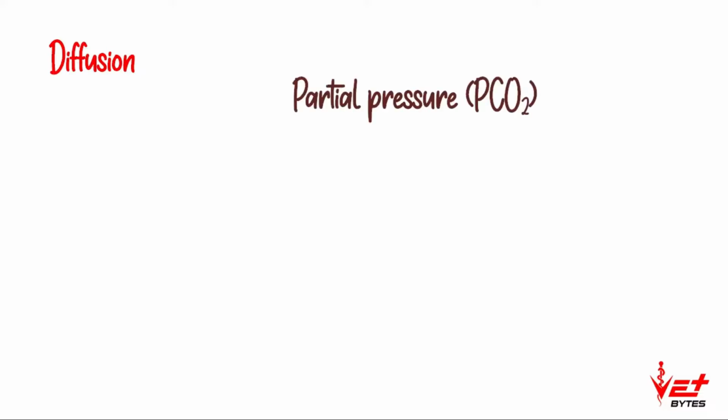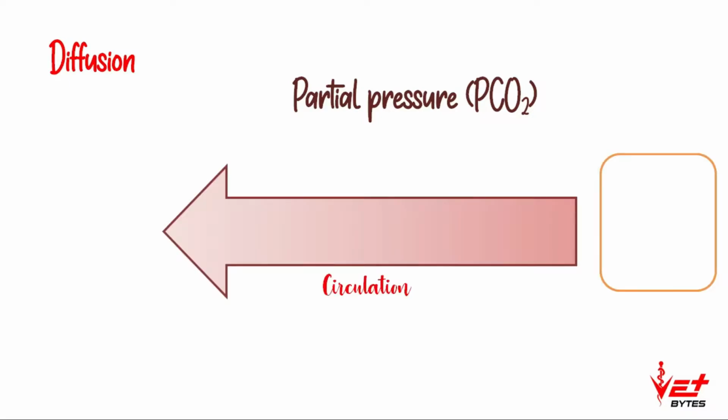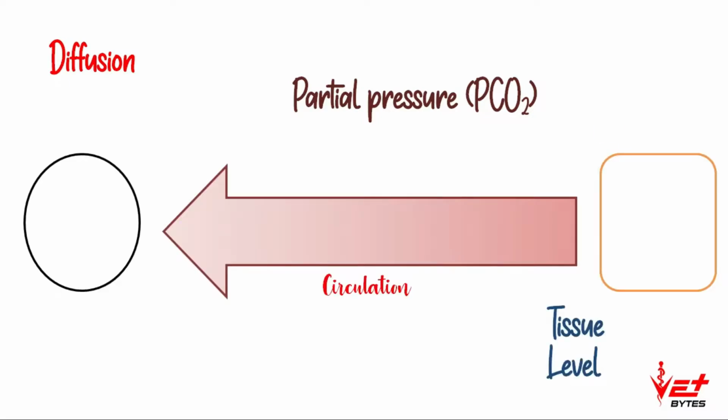Next is the transport of carbon dioxide. The diffusion also takes place due to the partial pressure gradient of carbon dioxide, which is PCO2. At the tissue level, carbon dioxide has a partial pressure of around 45 mm mercury, and the blood vessel reaching the tissues has a partial pressure of 40 mm of mercury.